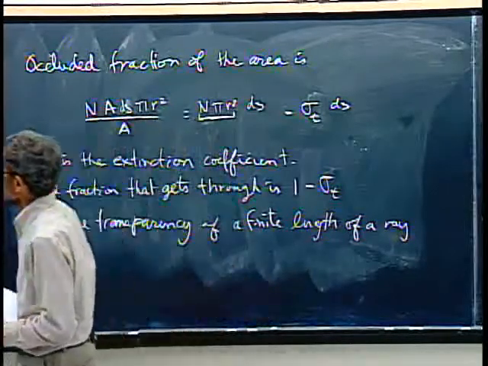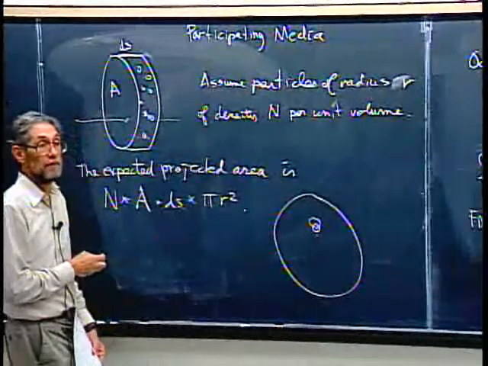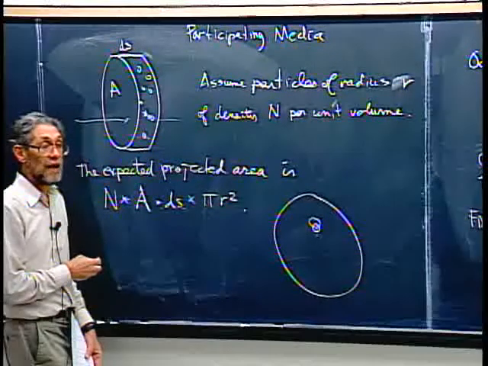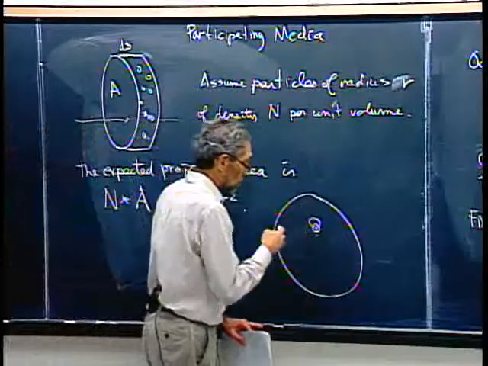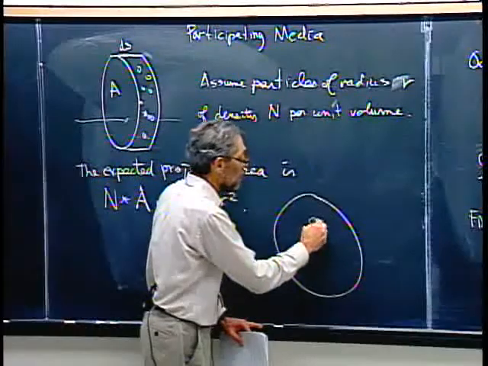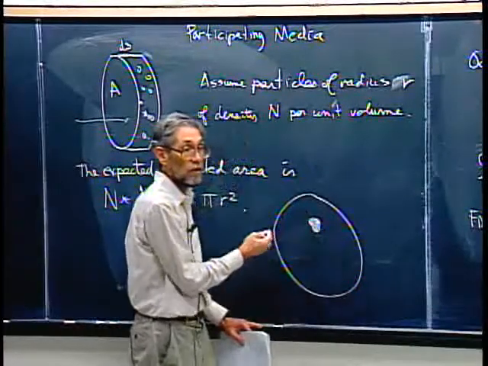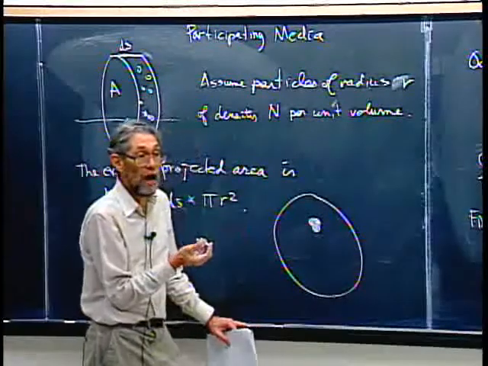Suppose these particles are actually glowing, like hot soot particles in a flame. Then for the fraction of light from the stuff behind this slab that isn't getting through, you're going to see the color of the glow. And that's going to show up as volume emission.